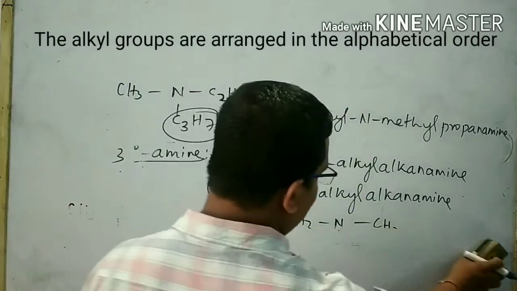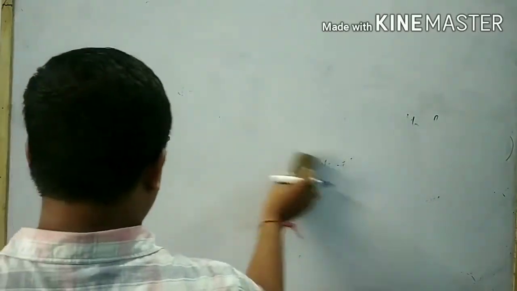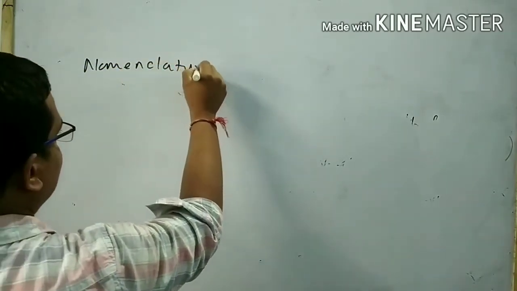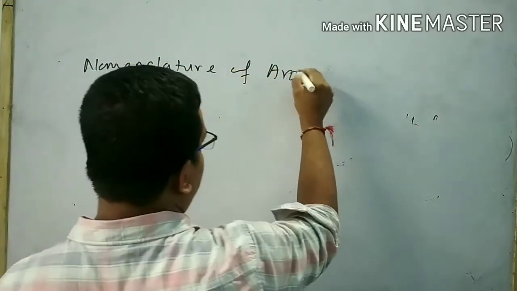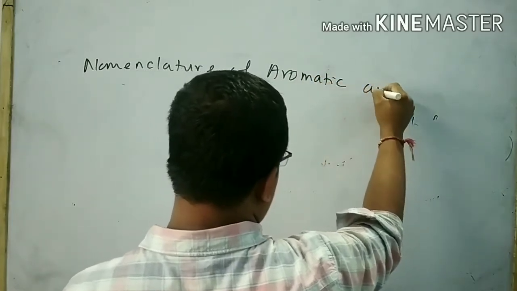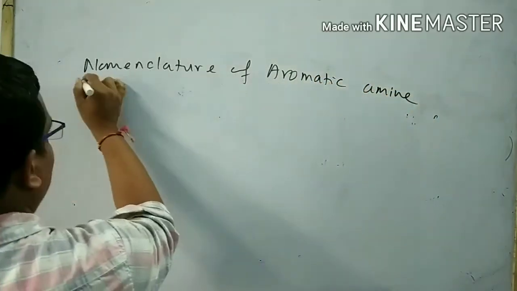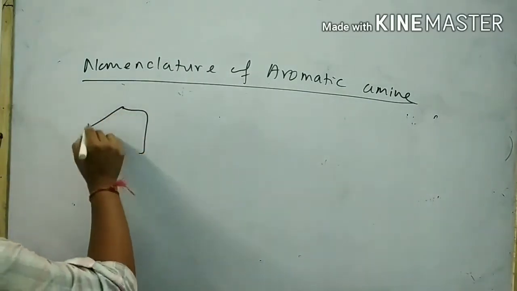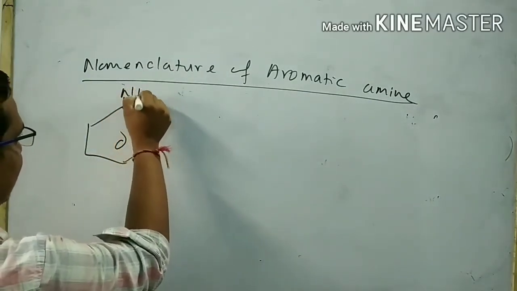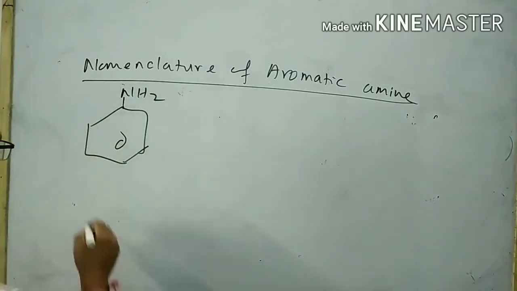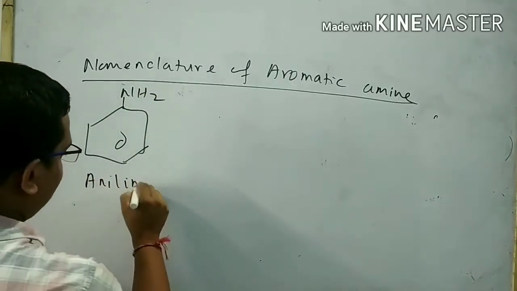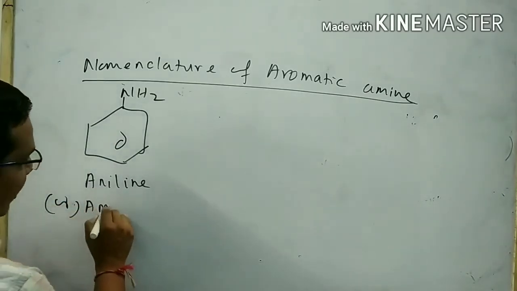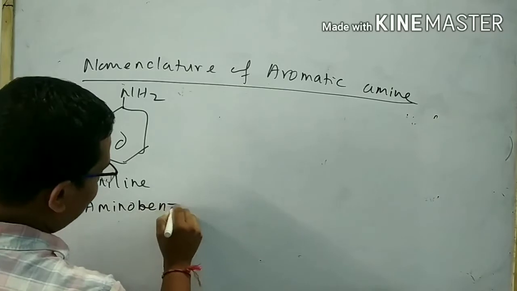Next, I will discuss about the nomenclature of aromatic amine. The name of this compound is said to be aniline, also called aminobenzene.